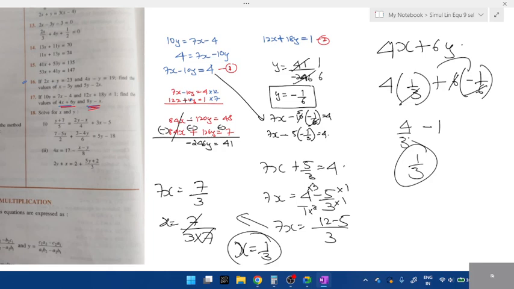Try the next one. 8y minus x. First one is 1 by 3, right? Complete it. First you complete and then check.